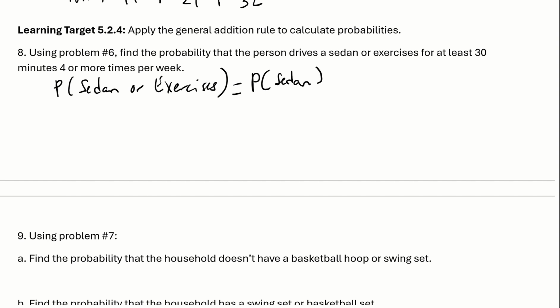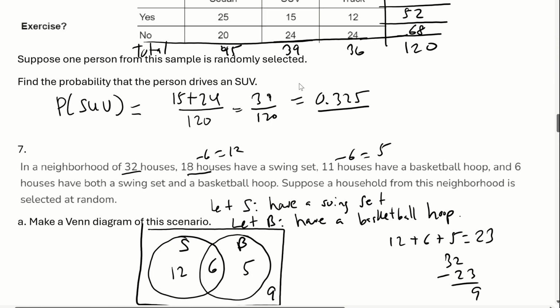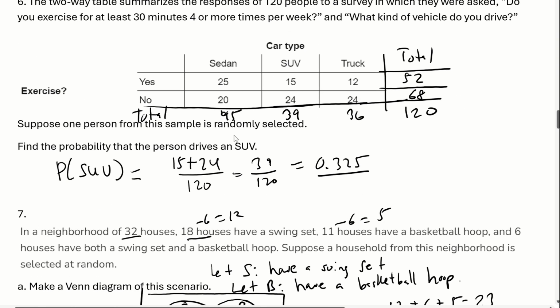The general addition rule is if you have OR probabilities, you can add the probabilities separately, but then you have to take away what they have in common. For example, sedan. There are 45 sedans, those that drive sedans, 45 out of 120.